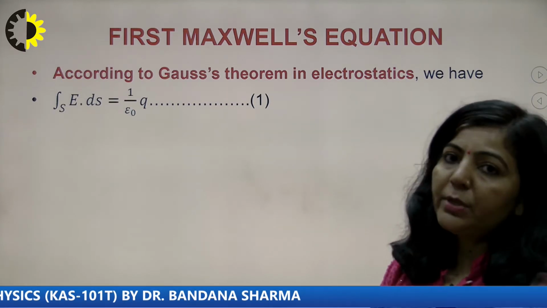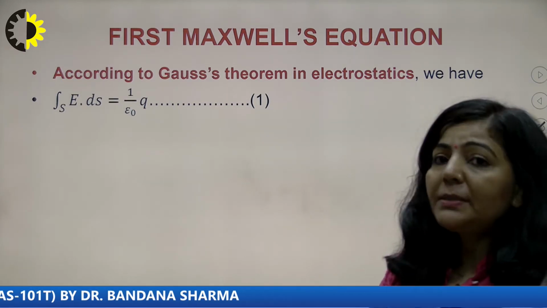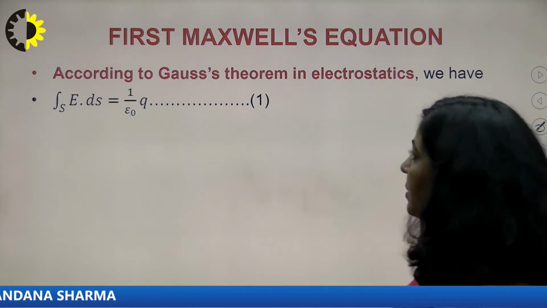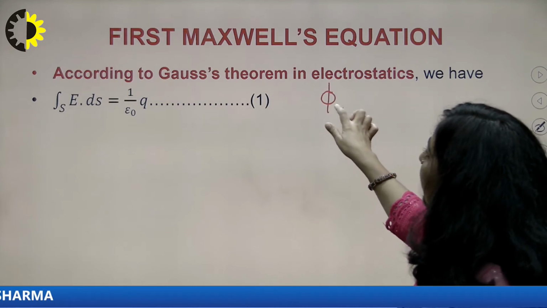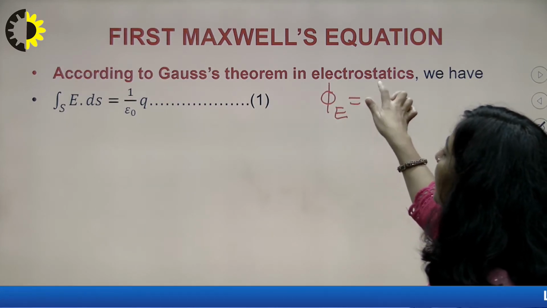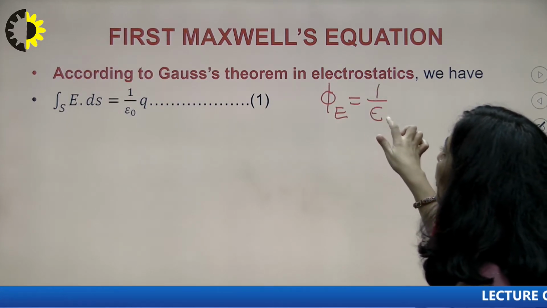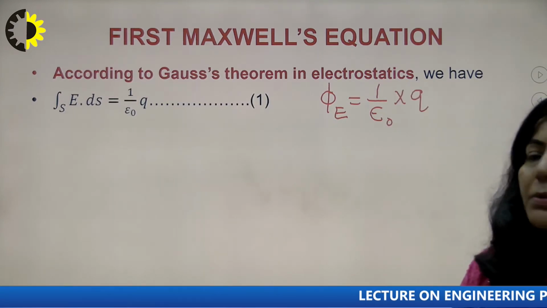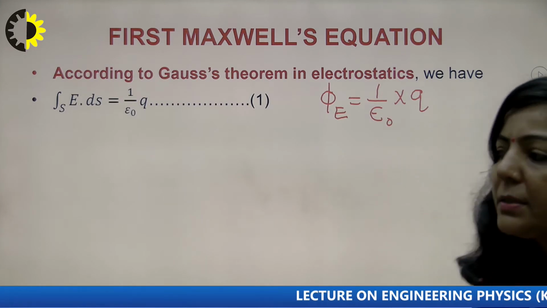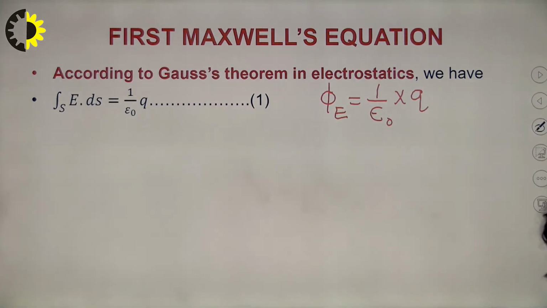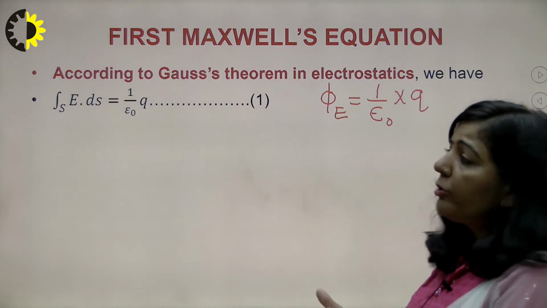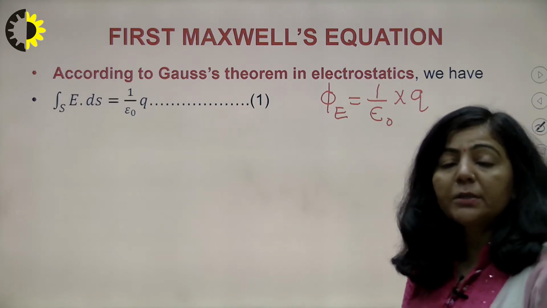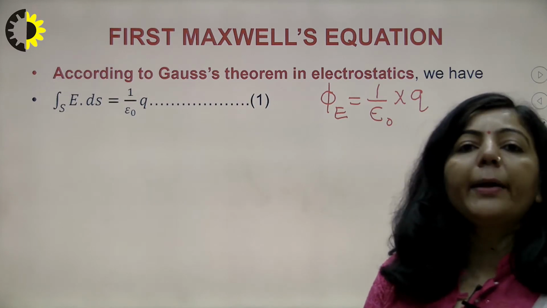Gauss law in electrostatics. From your previous class you know that Gauss law in electrostatics states that the total electric flux over a closed surface is always equal to 1 upon epsilon naught times the total charge enclosed. This is your Gauss law in electrostatics, and equation number 1 is actually the mathematical form of that law. So the first point is, you should know from where you are getting the equation.